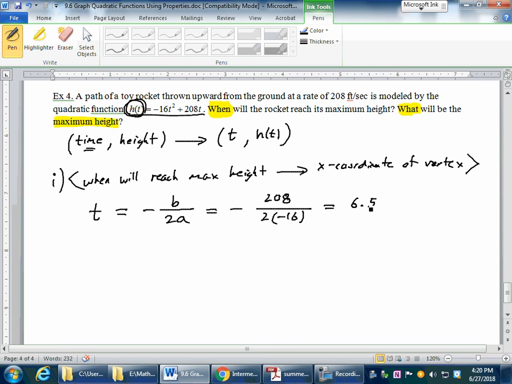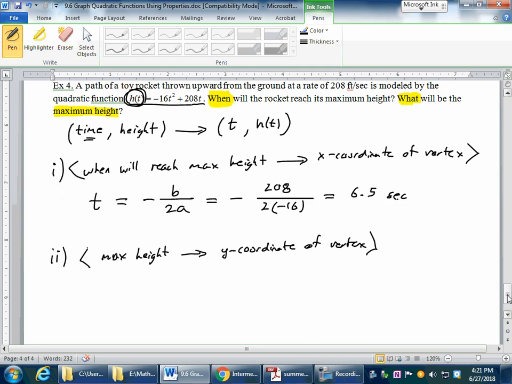So the next question is, now I know that the rocket will reach maximum height after 6.5 seconds. Now the question is, what will be the maximum height? So what is my max height? That is basically talking about the y coordinate of the vertex on a parabola.